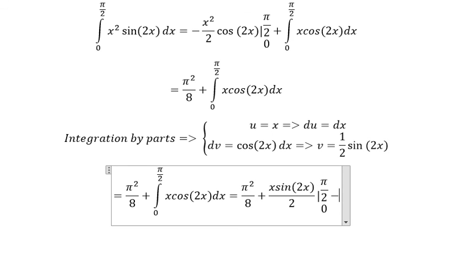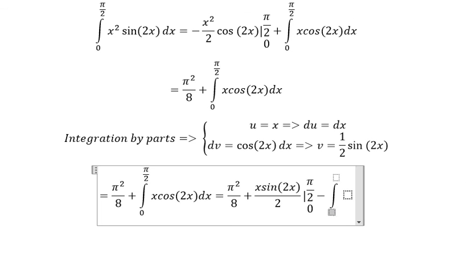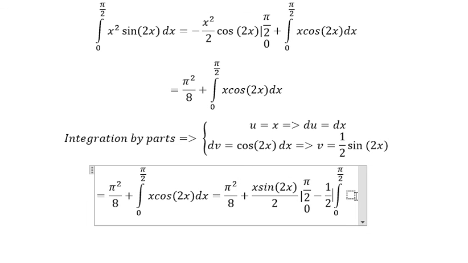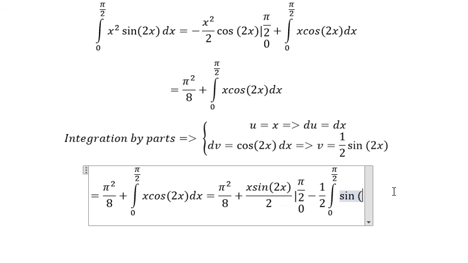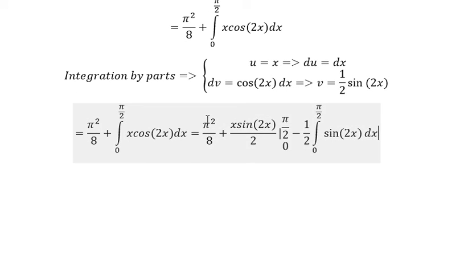The integral from 0 to pi over 2. We put 1 over 2 outside, and now we just have sine 2s ds. We need to find the answer to this one.